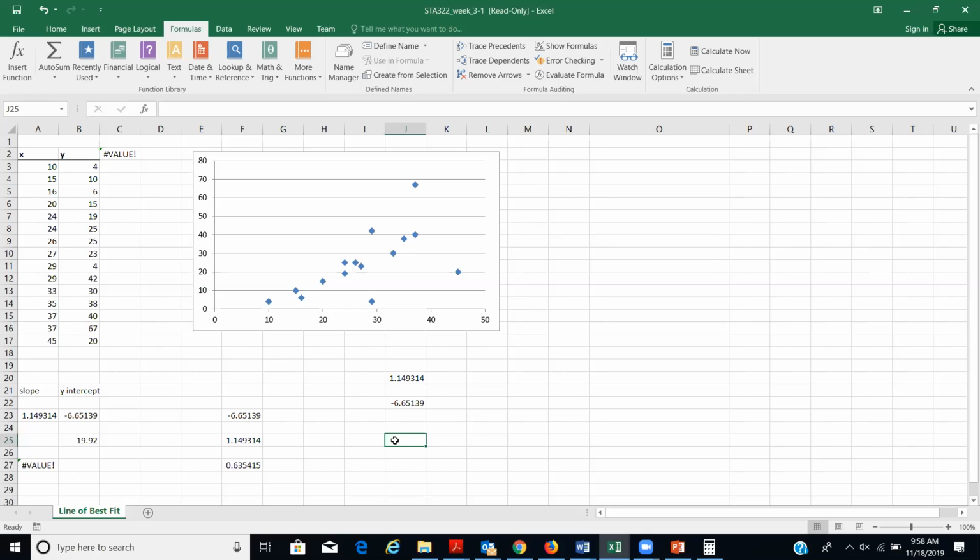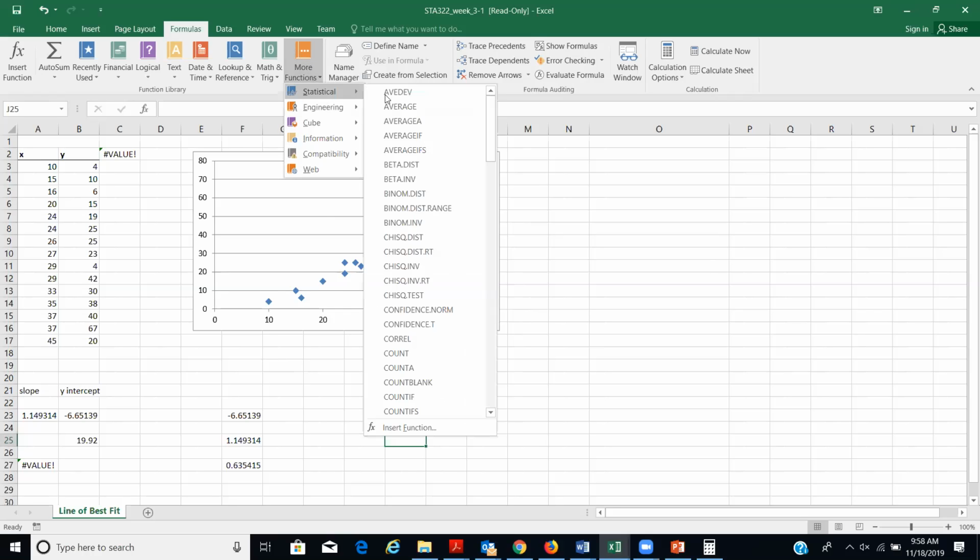But the data sets are small. So here we want to do the correlation coefficient. Going back to statistical, go down here, you see Corel, which is not the name of a software company in this case, but Corel. So we look at returning the correlation coefficient between two data sets.